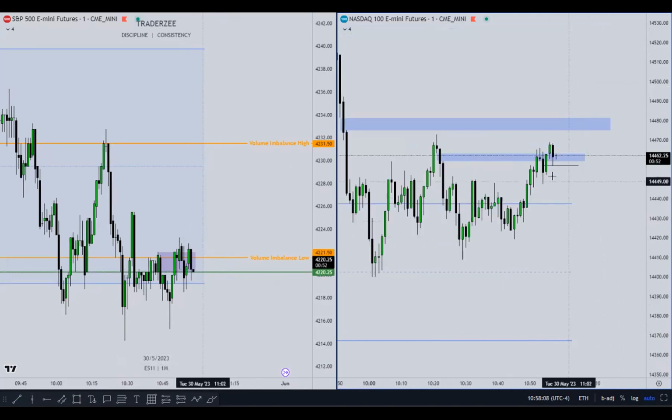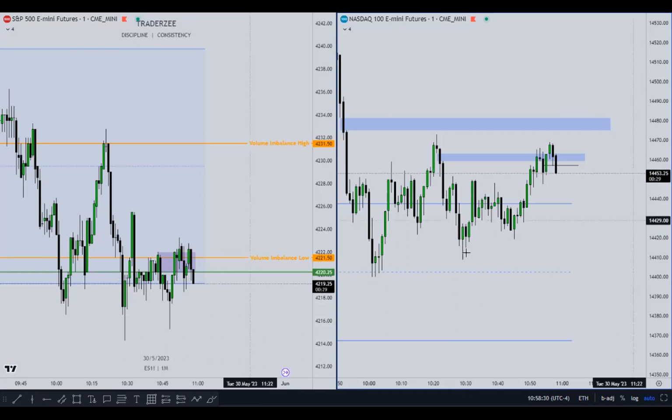Now, why am I not entering in this? This is a good setup, but why is it not a good setup? Because dollar is rallying as well right now. If I was confident about dollar going for sell side, I would have entered in Nasdaq because it's the relative strength leader.